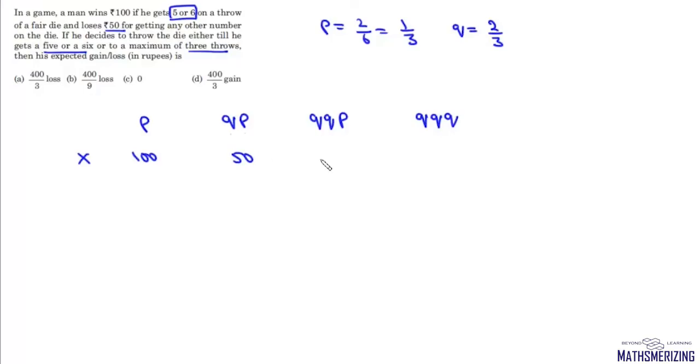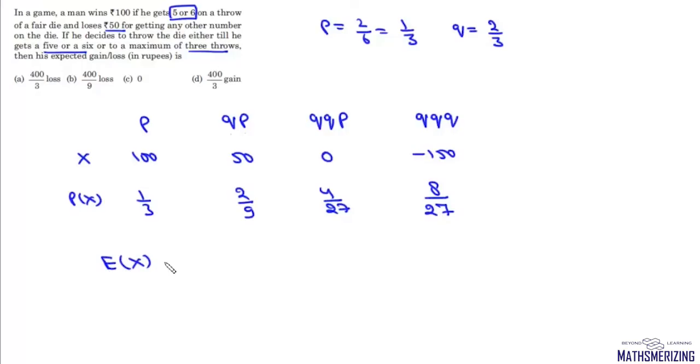Now 2 losses and 1 win, so value of x is 0. And then 3 losses will be minus 150. And their respective probabilities are 1 by 3, 2 by 9, 4 by 27, and 8 by 27.